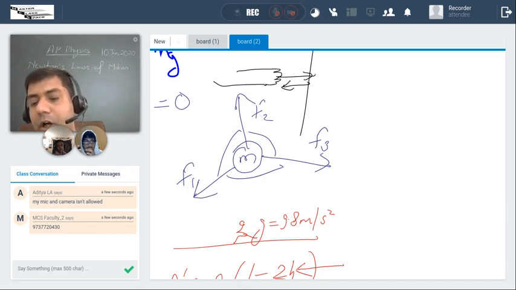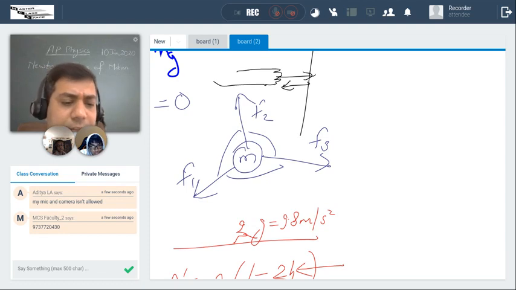You resolve the force into components, i component and j component if it is 2D, otherwise i, j, and k. At this stage, we are going to deal with 2D only. Ishita, I told you this thing.